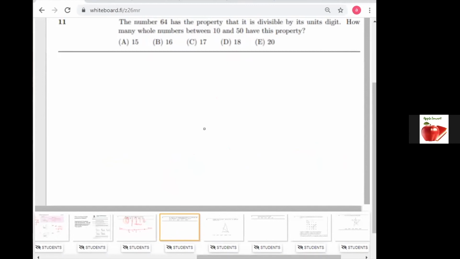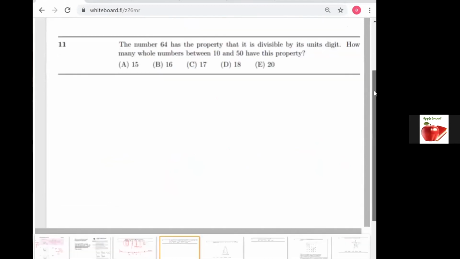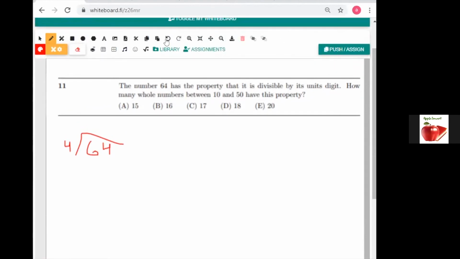All right, this one. 64 has the property that it is divisible by its units digit. What does that mean? It means that 64 can be divided by 4. Is that correct? Let's check. There we go. 4 goes into 6 how many times?